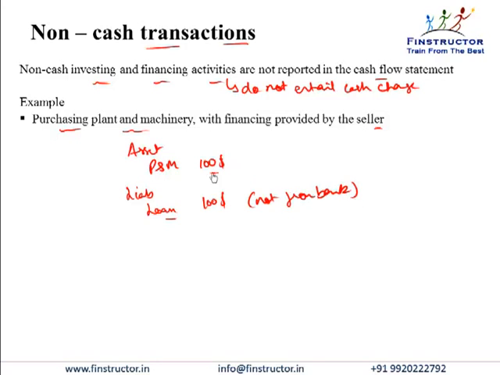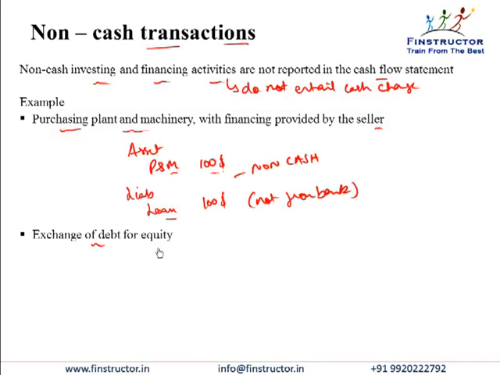It is the same seller who has sold me the asset and simultaneously given me a loan. So I never had to pay anything. I will repay this obligation over a period of time. At the moment, an asset has come in my books to the tune of $100, and correspondingly a liability has gone up by $100. So this is a non-cash transaction. It will not be recorded in the cash flow statement.